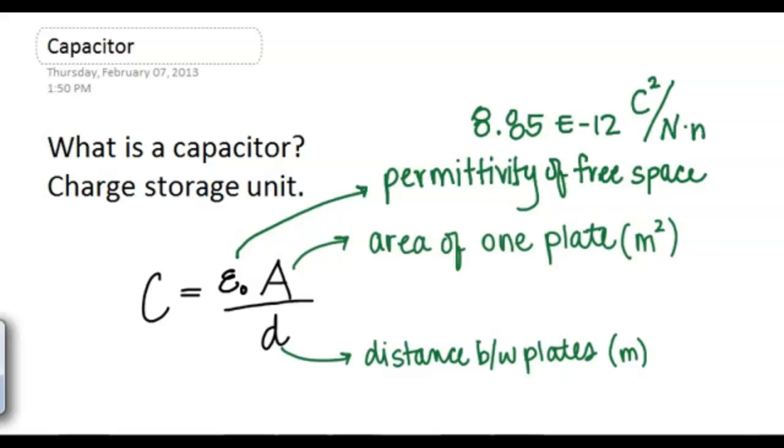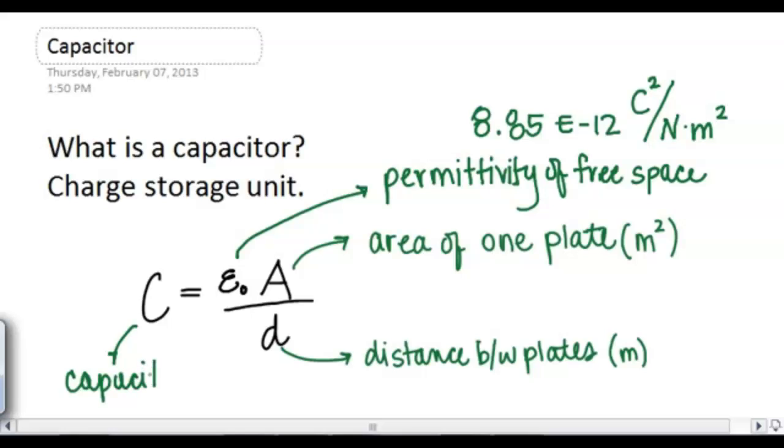Newton meter squared. So I'm giving you the units there so that we can work our way back to figure out what is the unit for capacitance. So this is our capacitance, and let's look at our units.